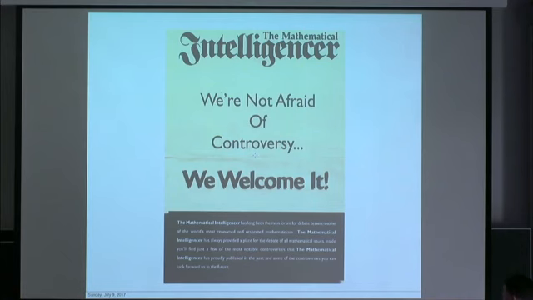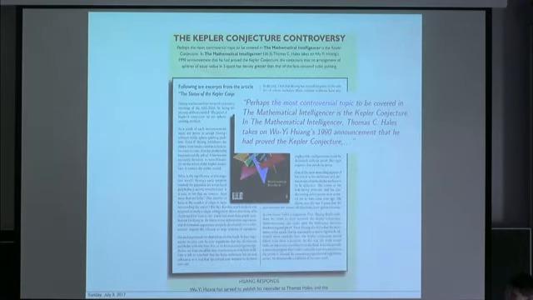And if you open up this brochure, what you find is the Kepler conjecture controversy. And it says perhaps the most controversial topic to be covered in the Mathematical Intelligencer is the Kepler conjecture.